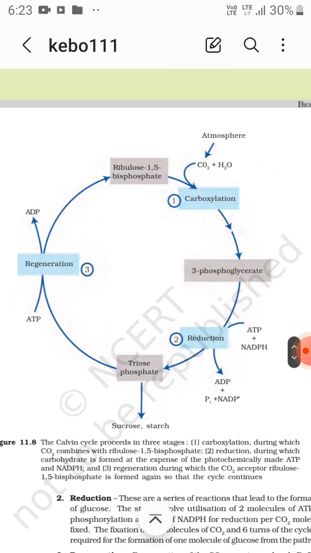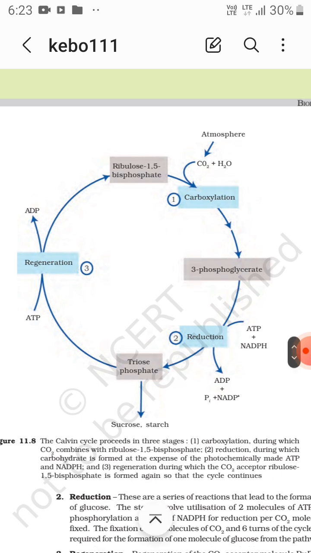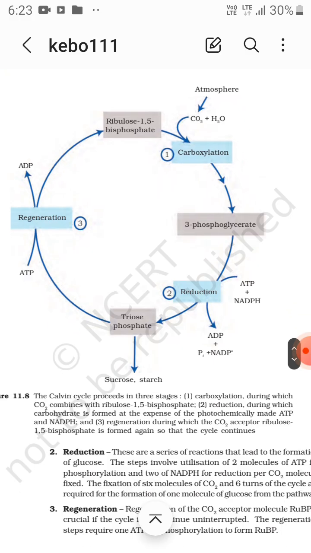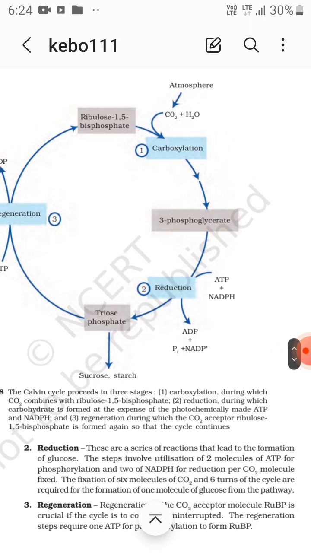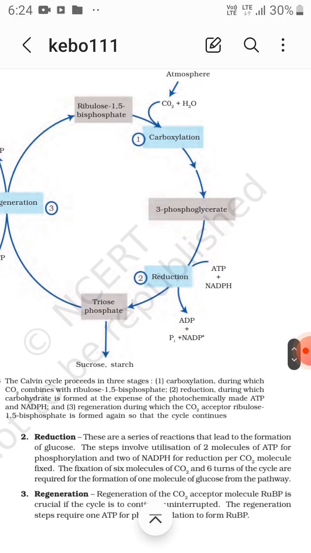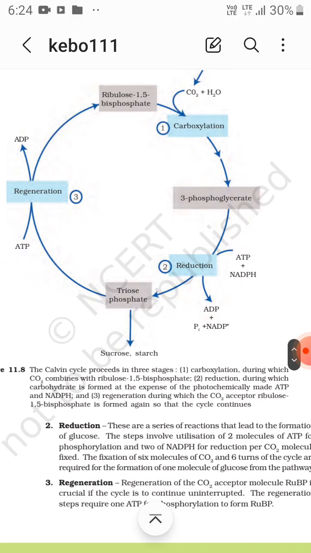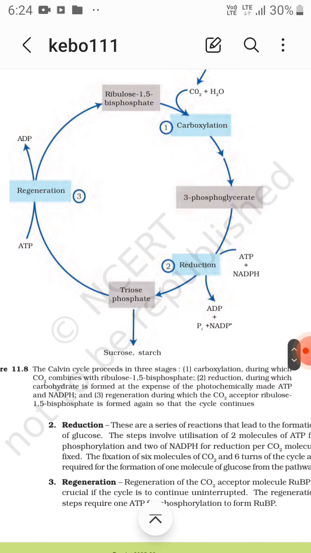You can see the first step is the carboxylation, that is CO2 plus H2O with ribulose 1,5-bisphosphate. Then there is 3-phosphoglycerate formation, and then the reduction, that is ATP and NADPH being used, giving ADP plus inorganic phosphate, and then triose phosphate, that is the formation of sucrose and then starch.